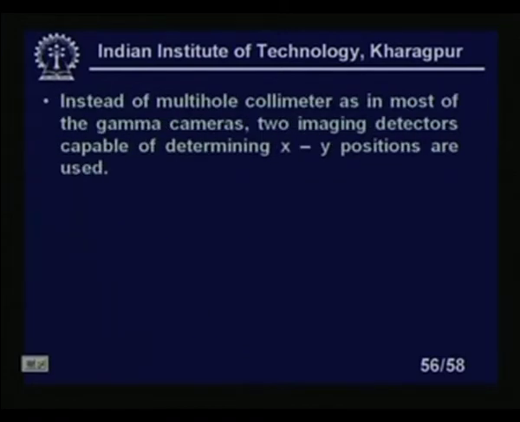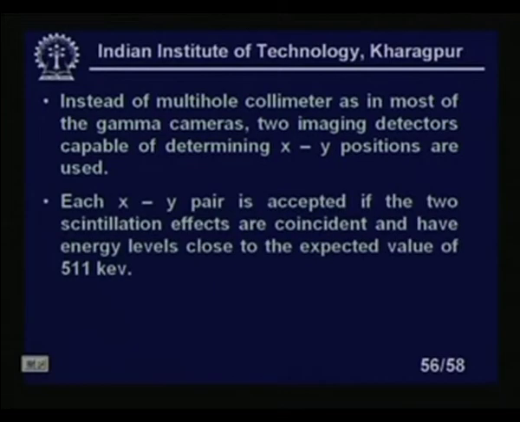Instead of a multi-hole collimator as in most of the gamma cameras, two imaging detectors capable of determining XY positions are used, right. And each XY pair is accepted if the two scintillation events are coincident and have energy levels close to the expected value of 511 keV.